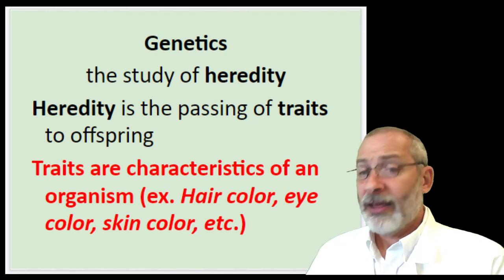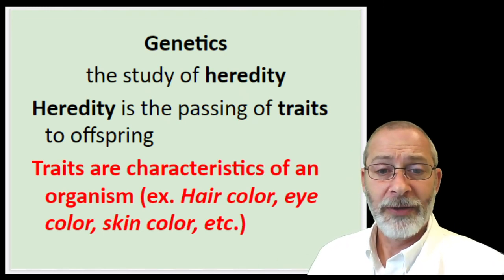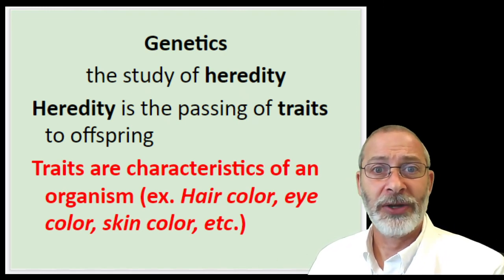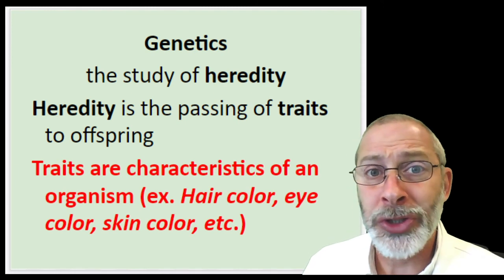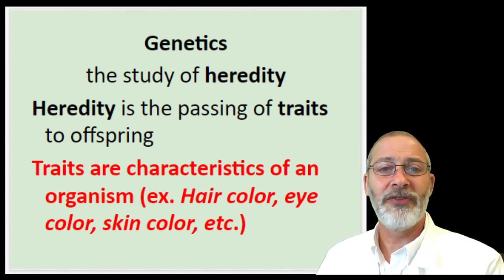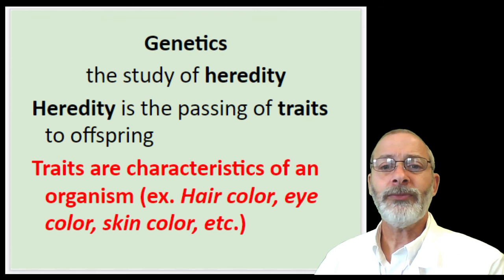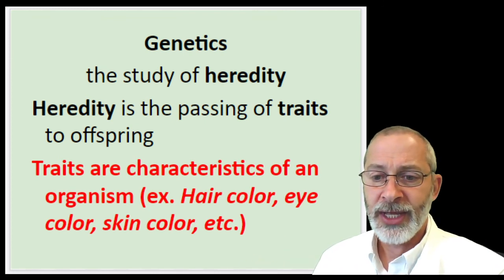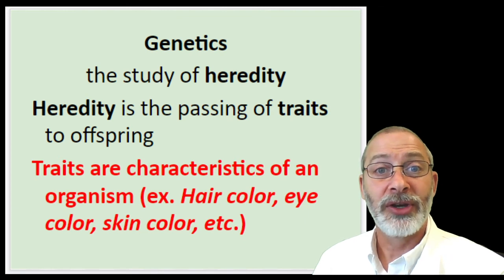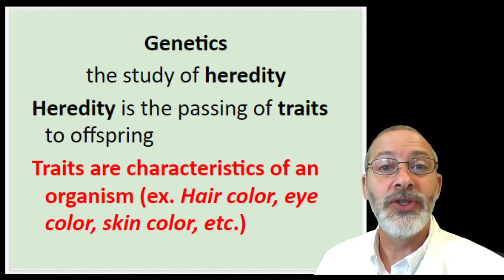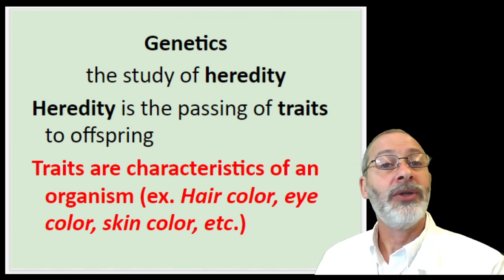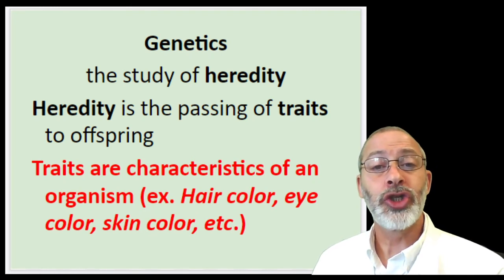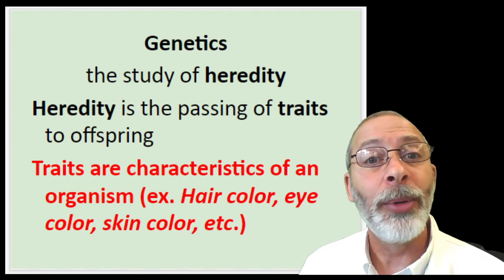Like for us, hair color, eye color, skin color, silly tricks you can do with your tongue, etc. All of these are various traits, which are specific characteristics. If you think about dogs or cats or horses or cows, different animals have different traits that are desirable.